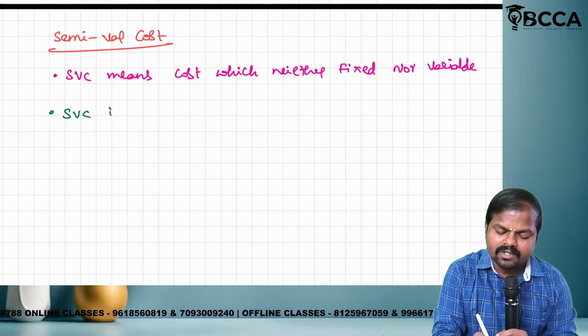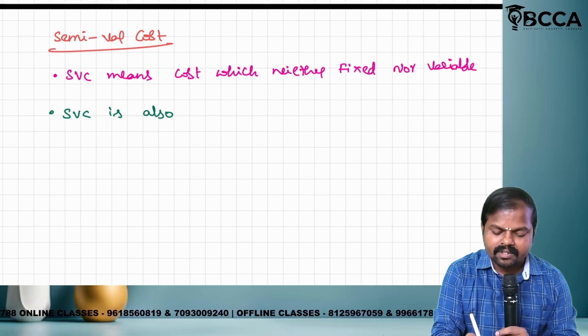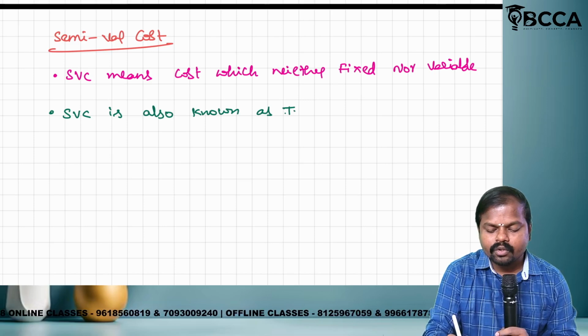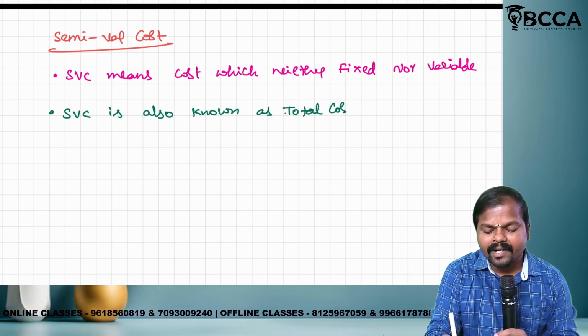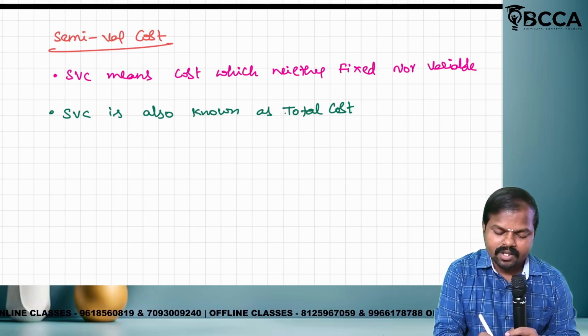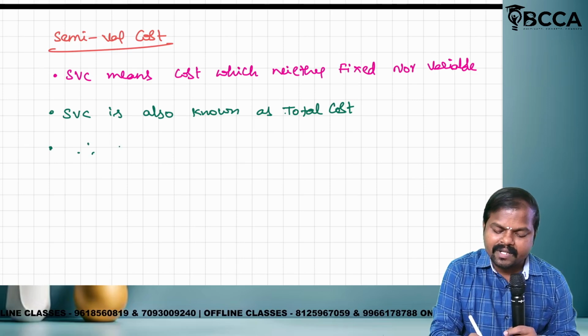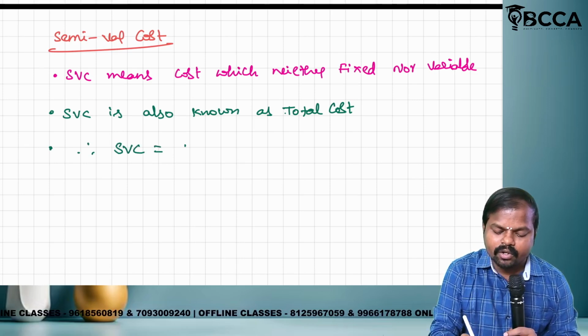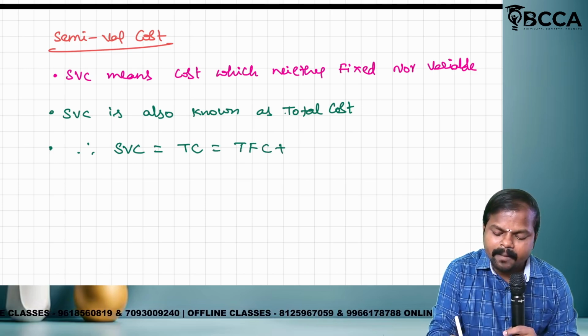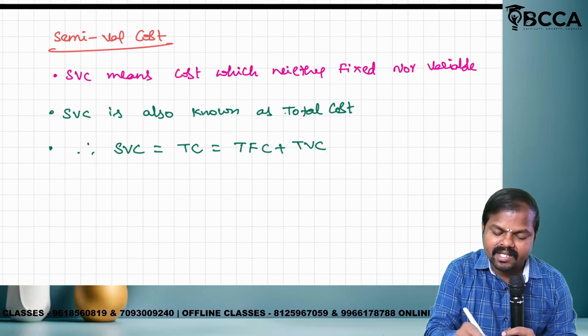Semi-variable cost is also known as total cost. What is the alternative name for semi-variable cost? Total cost. So therefore, listen, SVC is equal to TC. How to get TC? TFC plus TVC.